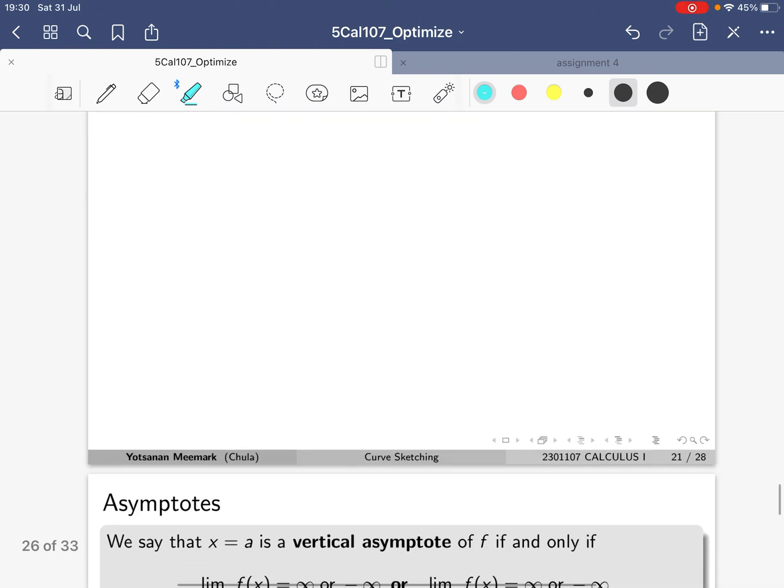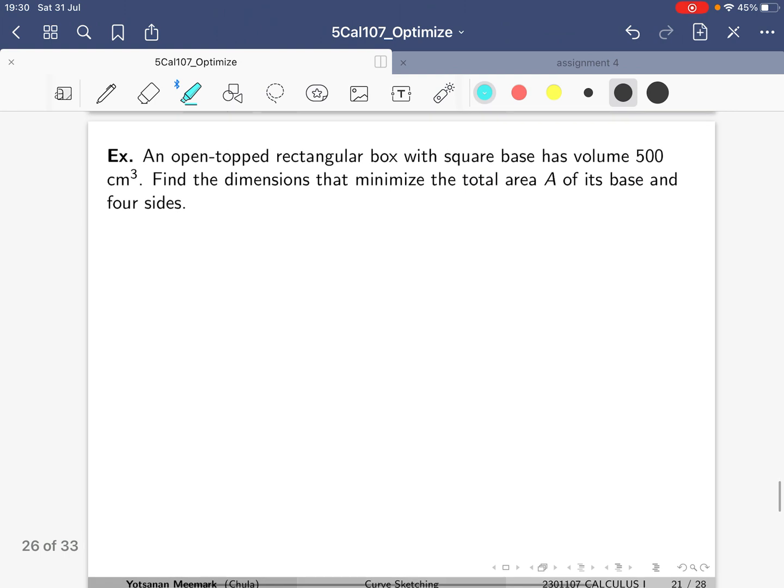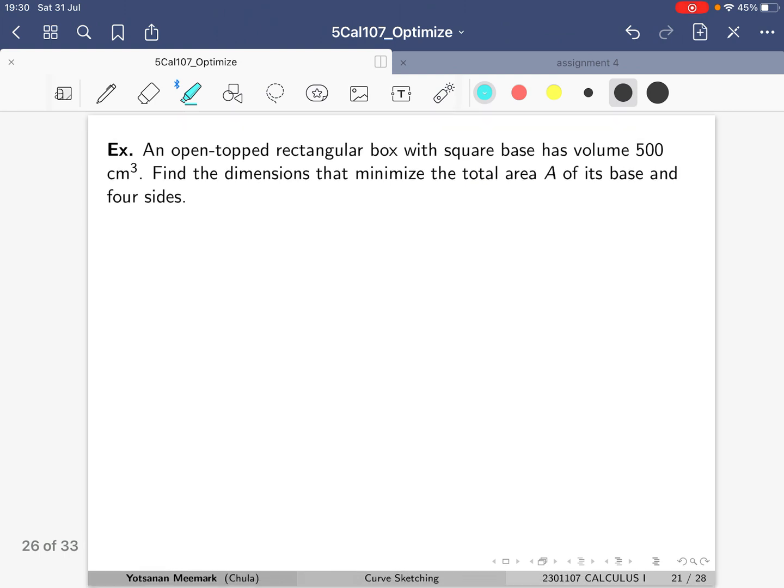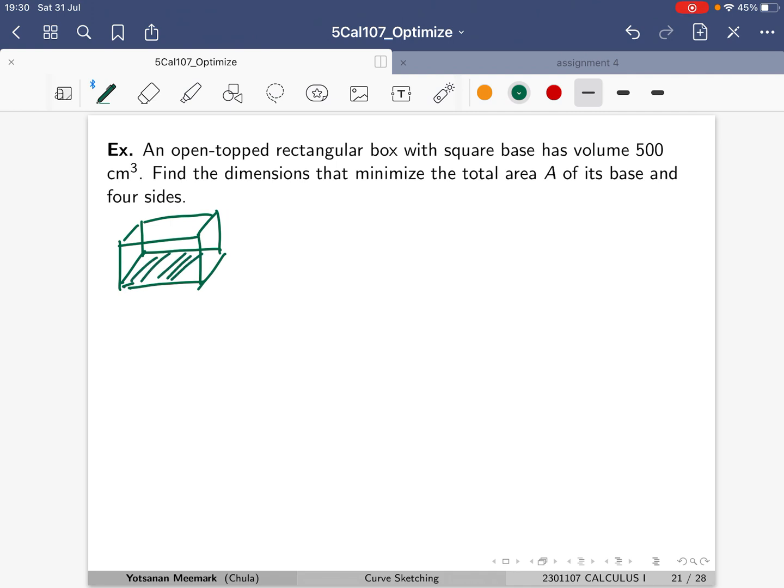So for example, if you try to solve for this one, we have an open topped rectangular box, so we have a rectangular box like this without the top, so we have only the bottom here and all the sides, with a square base.